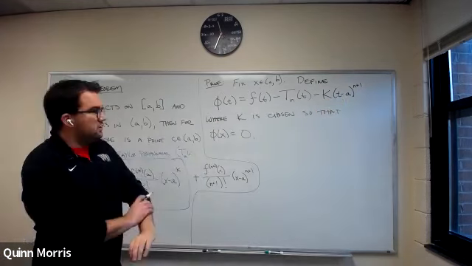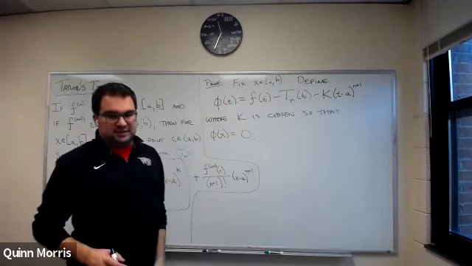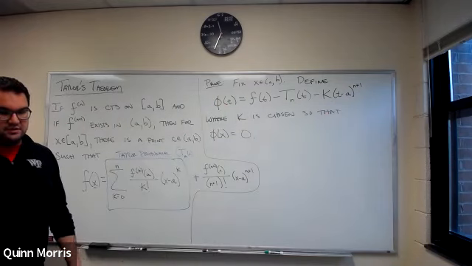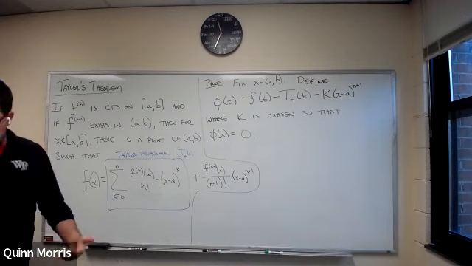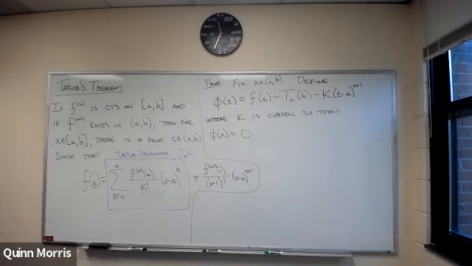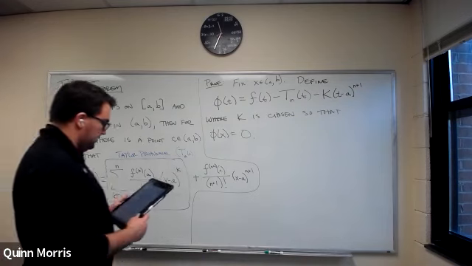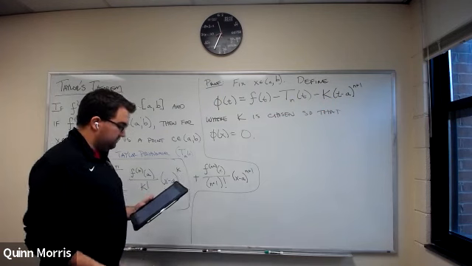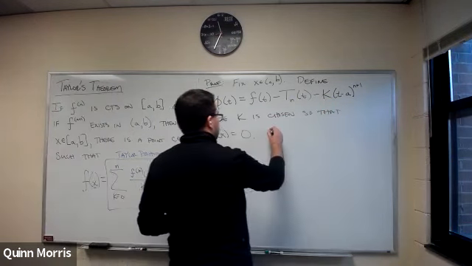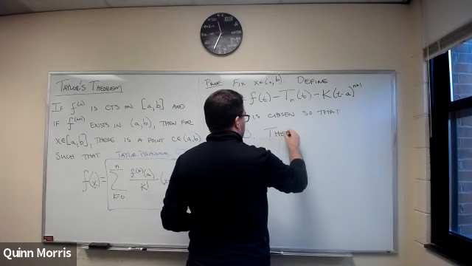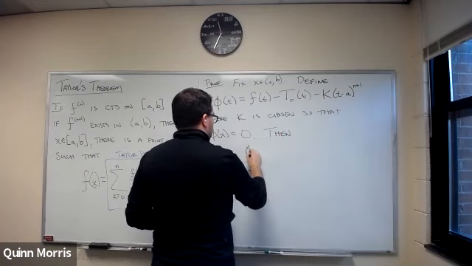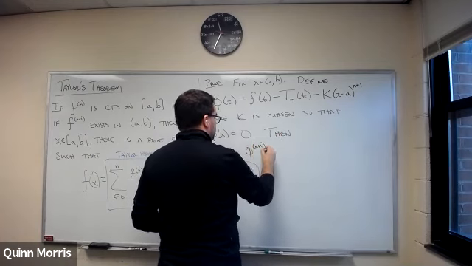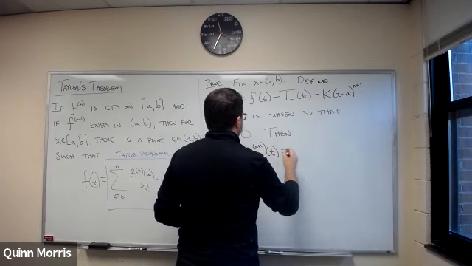So this whole function is at least n plus 1 times differentiable. Let me start taking derivatives, and actually I'm going to take n plus 1 derivatives. So let's think about what happens when I take n plus 1 derivatives of this function.